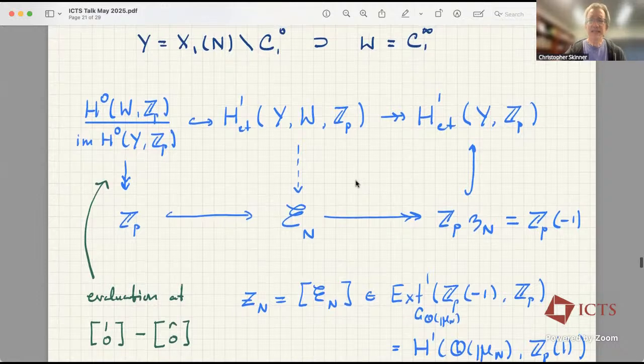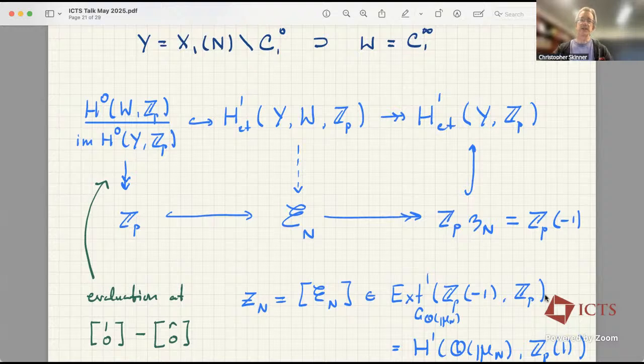If I had replaced Z_p here with Z_p(1), then all that would do is twist the Galois representations by the Tate twist 1, then the sub-extension becomes the trivial representation. We're looking at Z_p embedded inside there, and the push out would be to Z_p(1), which is in fact the representation that we're getting cohomology classes for.